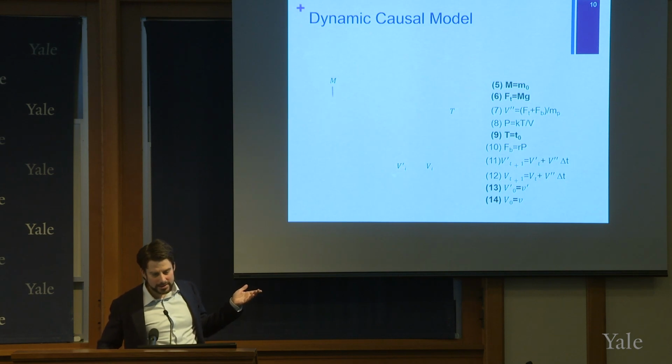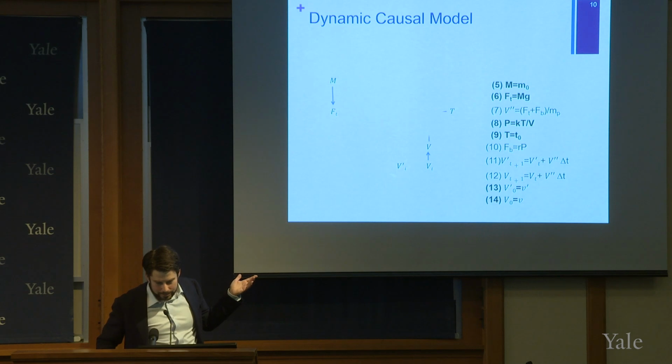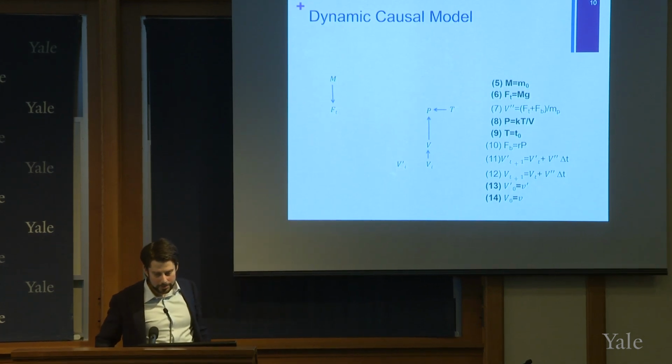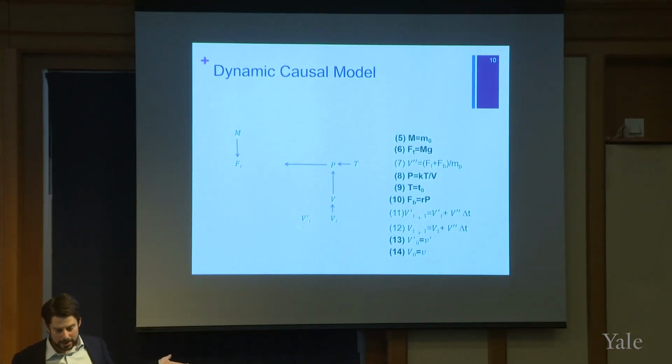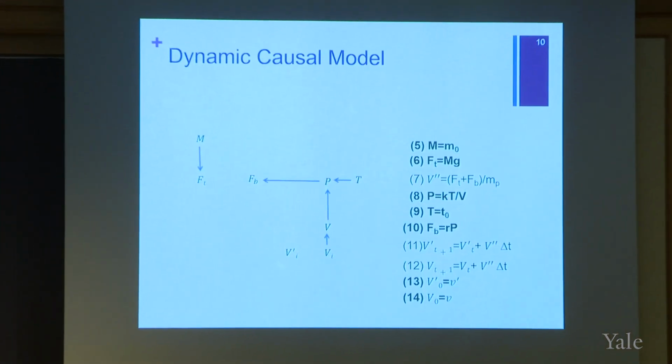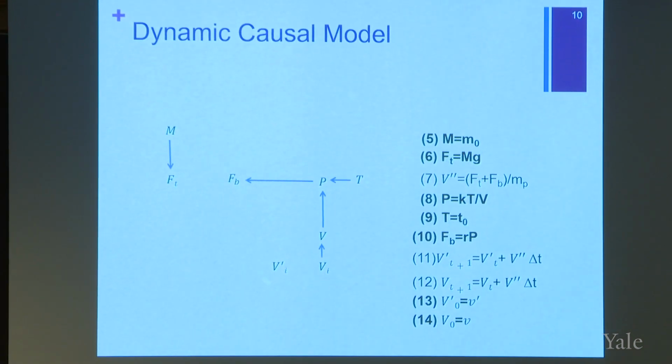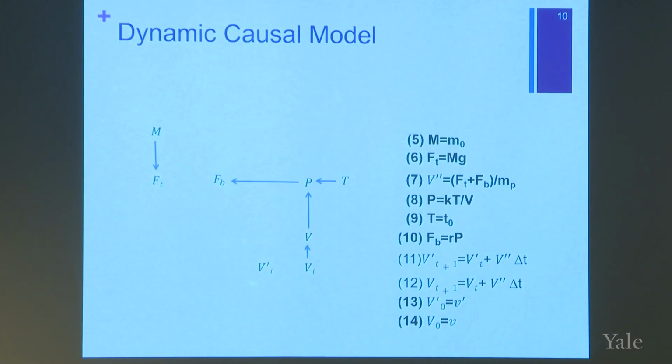So mass determines the force in the top, and the ideal gas law gives us pressure from volume and temperature, and then the force in the bottom is proportional to the pressure, and then using Newton's second law, we combine the forces in order to get the acceleration. Okay, so that's the basic model.